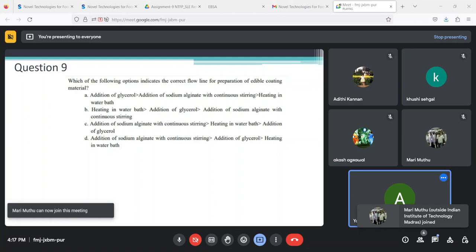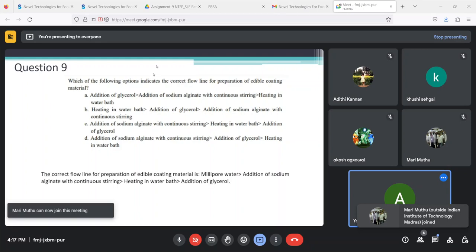So when you're trying to make an edible coating material, first you take water, then you add something known as sodium alginate, which has the ability to polymerize and form a polymer kind of material. You add sodium alginate and you continuously stir it in the presence of heat. So addition of sodium alginate with continuous stirring is your first step.